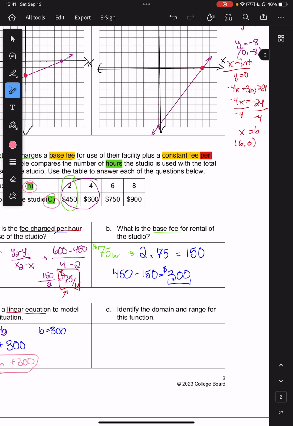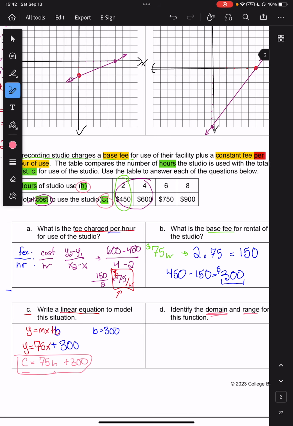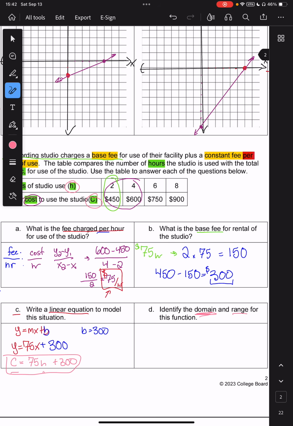So the last question says to identify the domain and the range for the function. So the domain, remember, domain down, like I said in class, that's going to be in our coordinate plane down our x-axis. So our domain is our x values, or in this case, it is our h values.